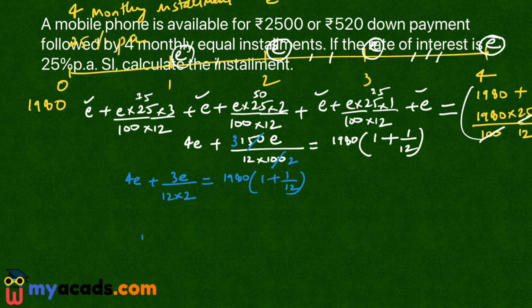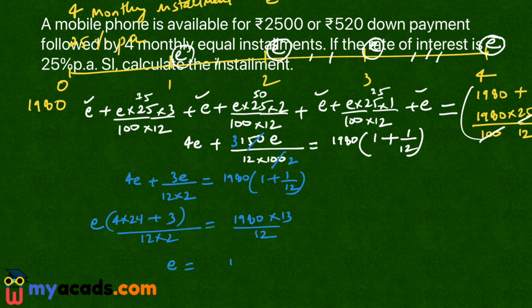So this is 12 into 2. This is 4 into 24 plus 3, and E is common. This is 1980 into 13 by 12.